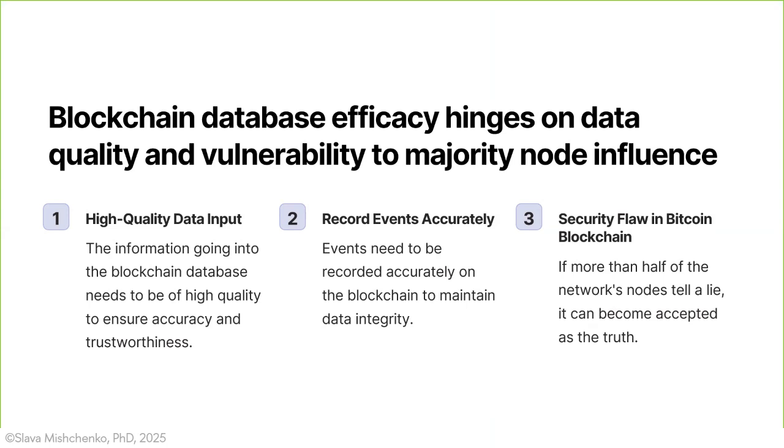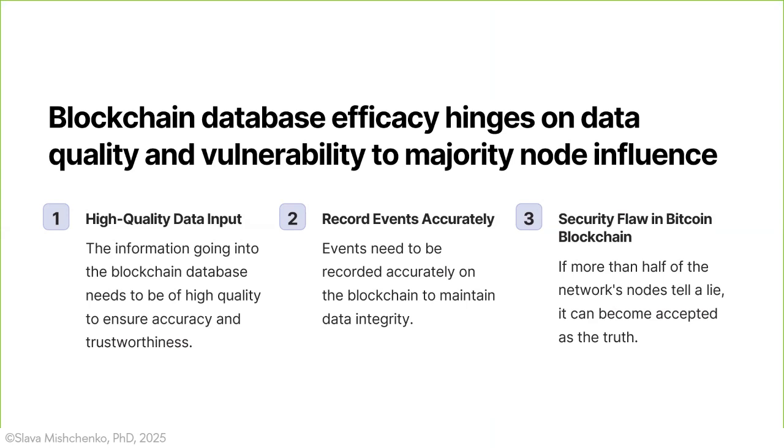Having an immutable database is only valuable if the information going into it is accurate and trustworthy in the first place. If you are recording inaccurate data permanently, you are essentially preserving mistakes forever.